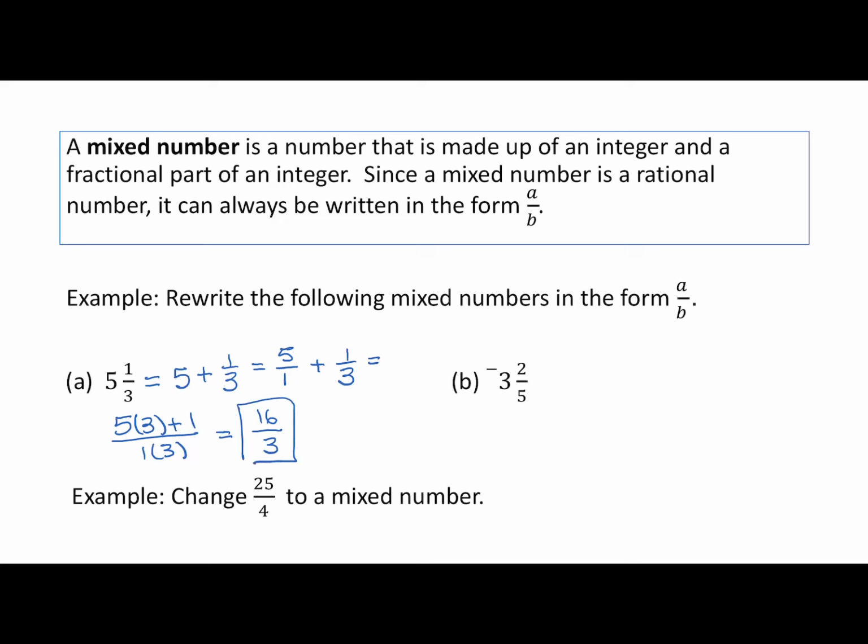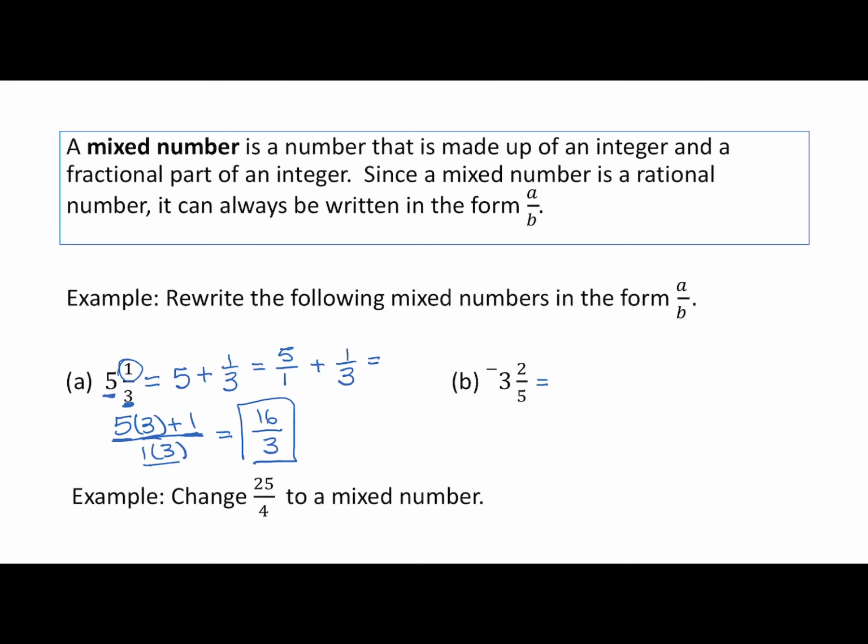Now, some of you may have learned to do this by looking at your whole number and your denominator and doing exactly what we just did: we multiplied 5 times 3, and then you add the numerator, and that's all over 3.